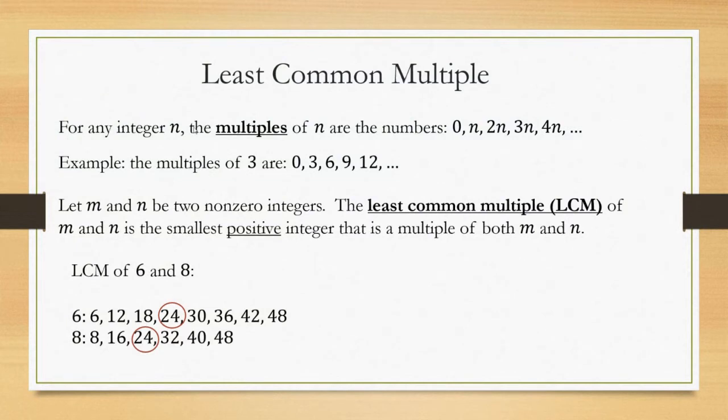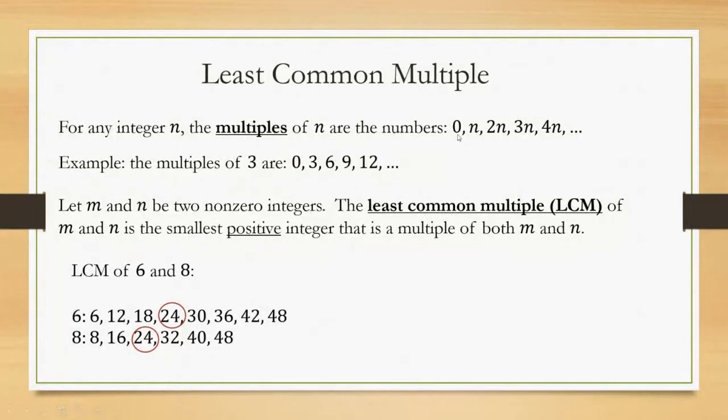So the least common multiple of m and n, these are the two non-zero integers, is the smallest positive integer that's a multiple of both m and n. That actually applies also if you had more than two non-zero integers besides m and n. It's the smallest positive integer that's a multiple of all three, or even all four, and so on.